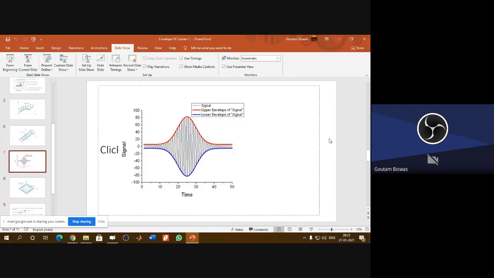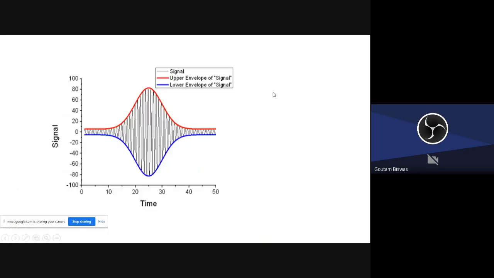Third example is like this. You see, this is the curve. This curve mostly appears in your mobile signals. Whenever you are talking to somebody else, your mobile is connected with the mobile of your friend, and when you are talking, your speech is first converted to electrical signals which come out in this form.